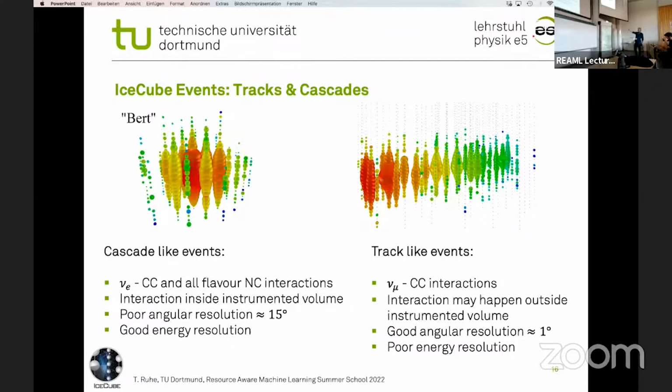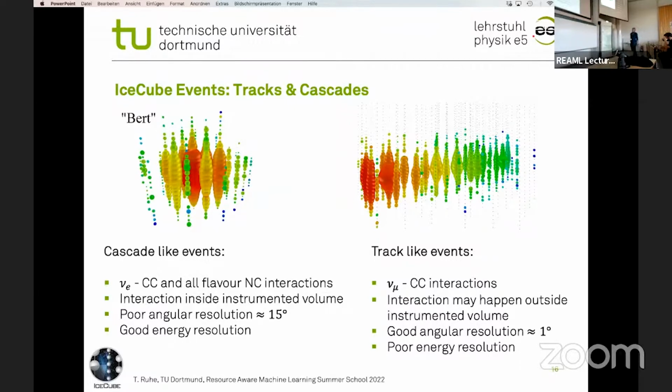The other ones are track-like events. They originate from muon neutrino charged current interactions. In these charged current interactions, the muon neutrino interacts and produces the muon. And in this case, you can see that the muon moved this way through the detector, right? Again, red is early and blue is late, and it started somewhere here and moved this way.